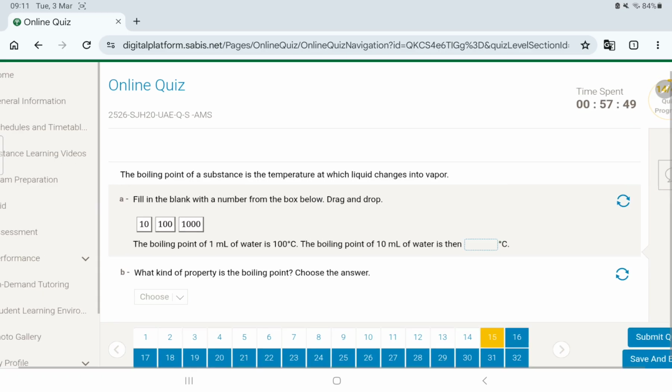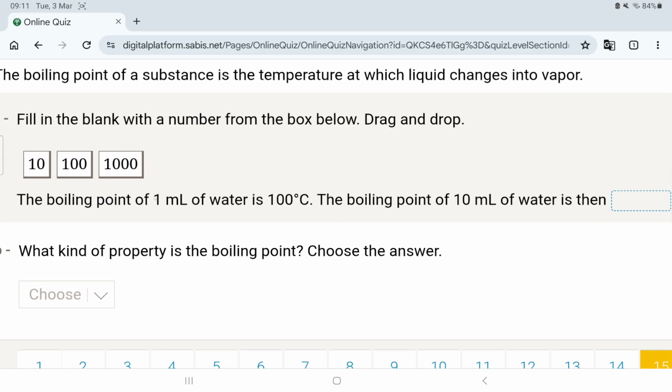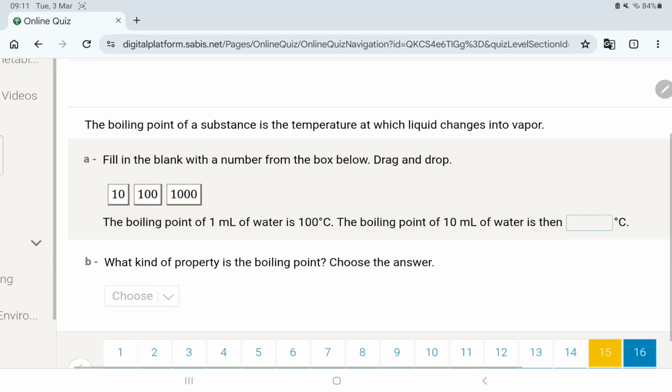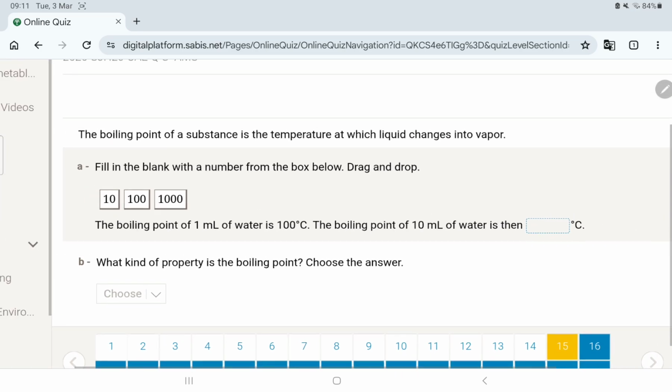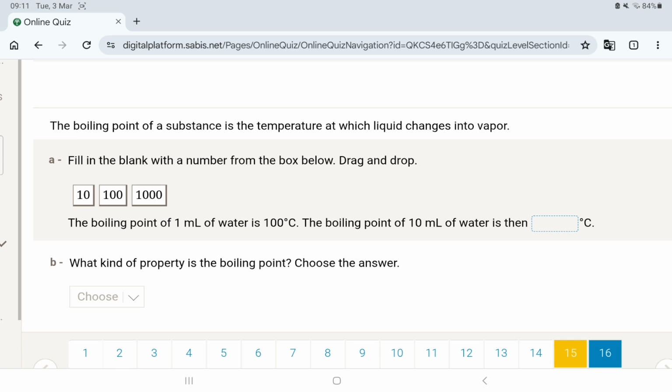Let's see. The boiling point of 1 milliliter of water is 100 degrees. The boiling point of 10 milliliters of water is... Now guys, remember when I said intrinsic properties? They depend on the material.